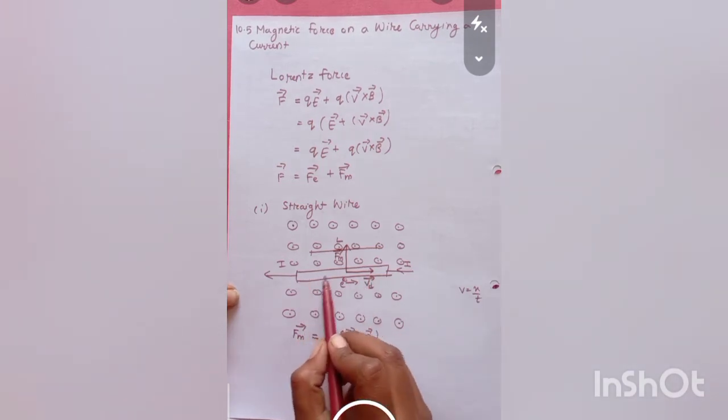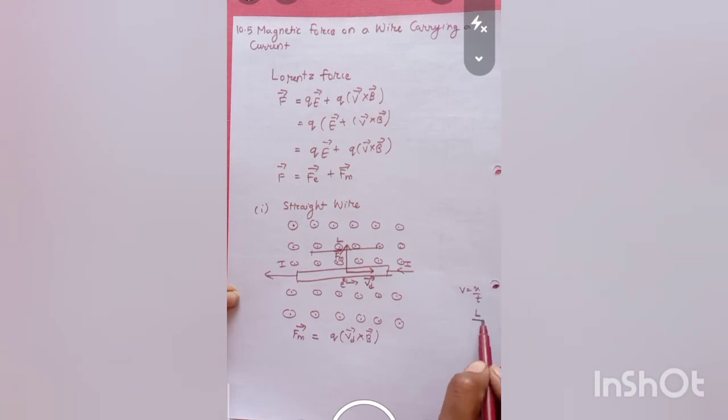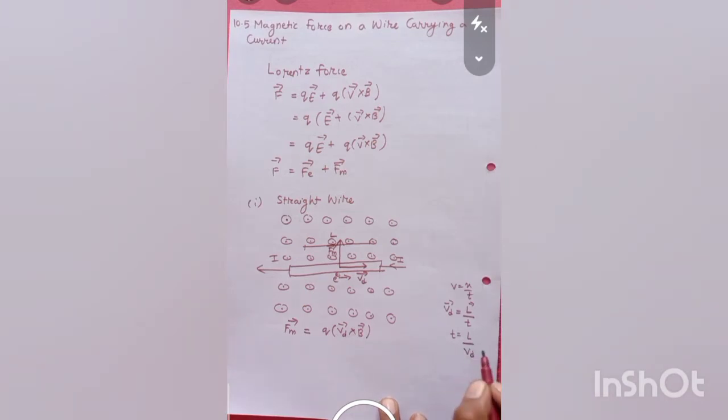The displacement will be from this point to this point, up to the length L, so displacement is L and the time is suppose T. And the velocity is the drift velocity. From this, T is equal to L by Vd, if I consider only the magnitude. The current flowing through this wire is nothing but charge per unit time. So if I put this T, what will I get?